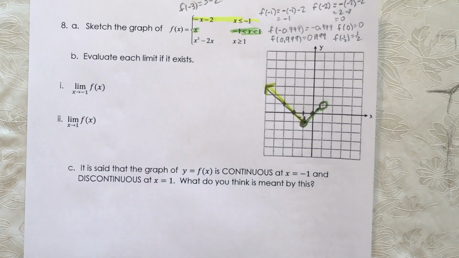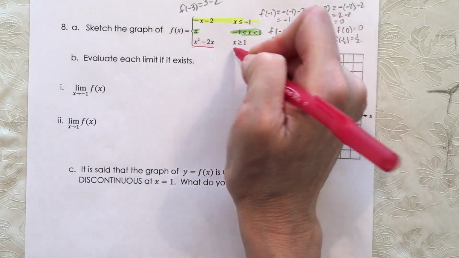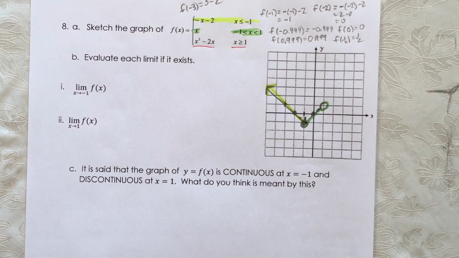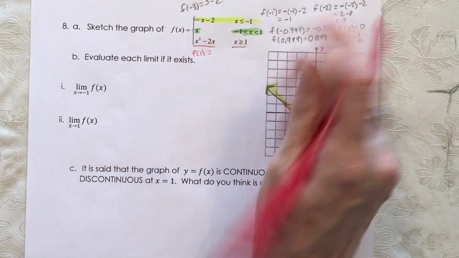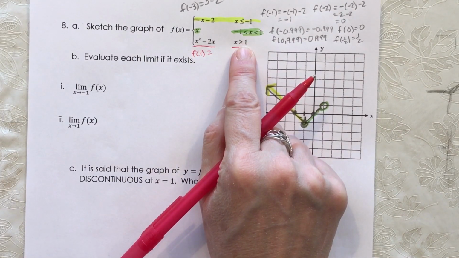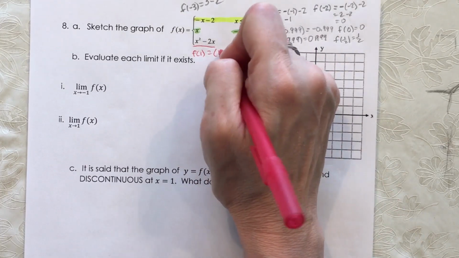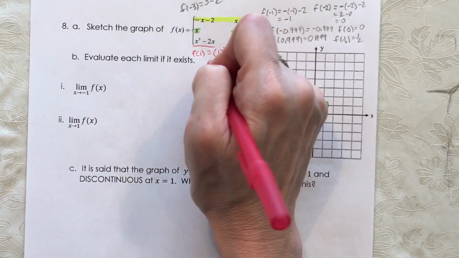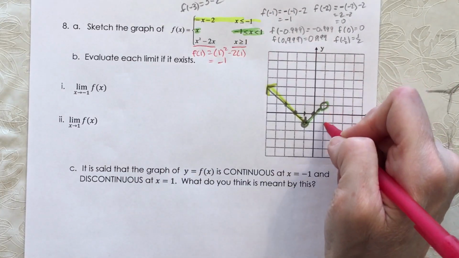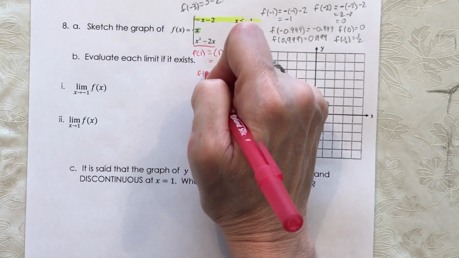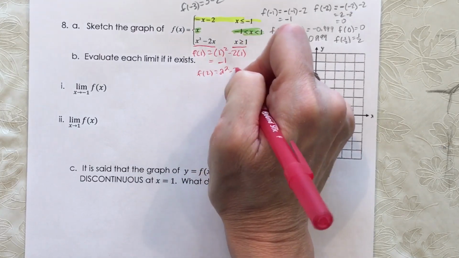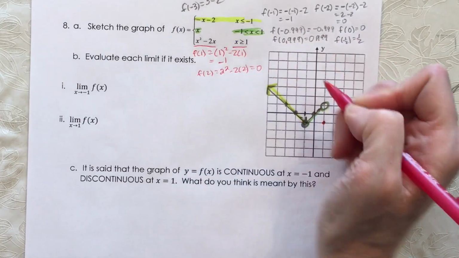And then I guess I'll do my last part in red pen. So for x greater than or equal to 1. Again, we're allowed to have f at 1 now for this, because 1 is greater than or equal to 1. Substitute in here, 1 squared minus 2 times 1, negative 1. So at 1, negative 1, there's a filled in dot. And then f at 2 is 2 squared minus 2 times 2, which is 0.